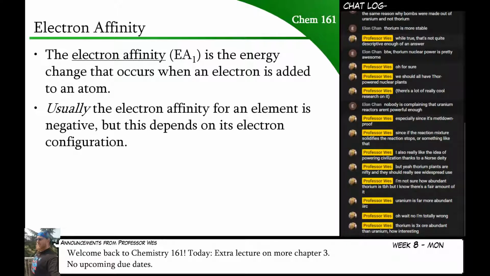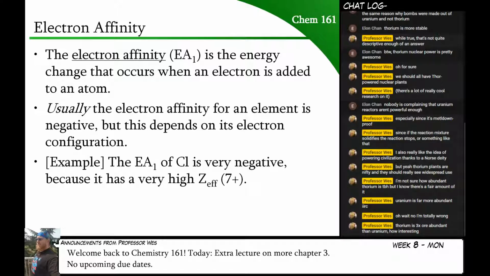Some weird things happen when you go past one extra electron in many, many cases. Generally, the electrons repel, and EA2 is a giant positive number. But not always. It very much depends on the atom and the electron configuration and what you're looking at. So we're going to try and look at some trends here.